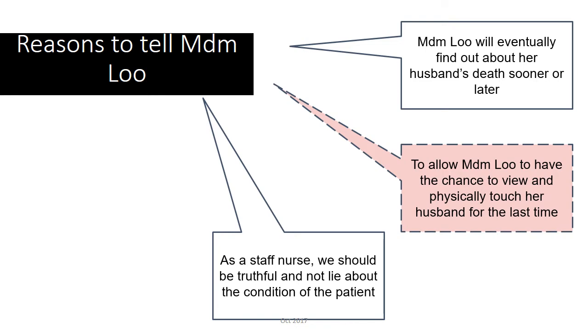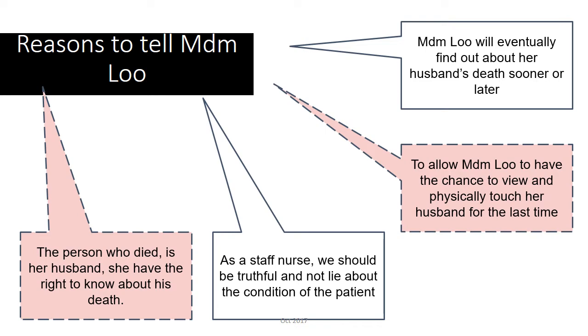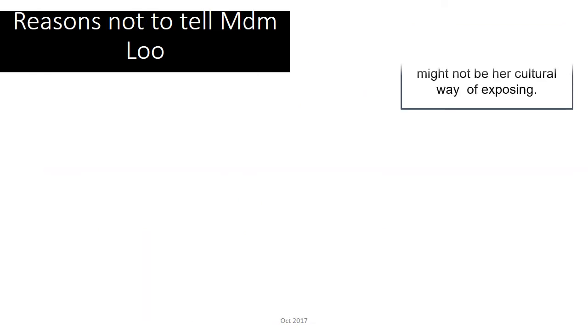We need to have veracity to tell the truth about the patient's conditions. Her husband is her loved one, very dear to her, and she should have the right to know.